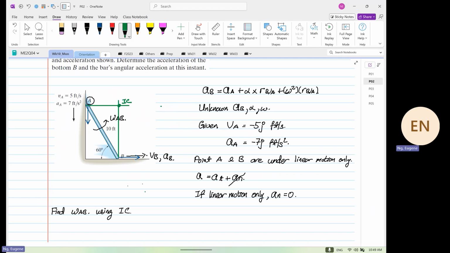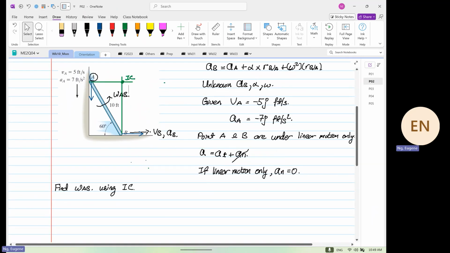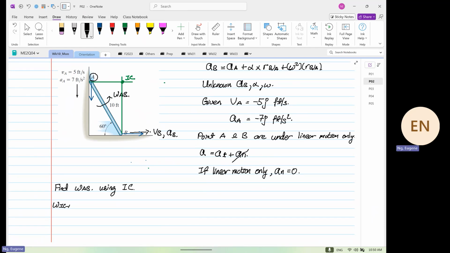All right. So this is our instantaneous center. When applying instantaneous center, we are aware of this fact, right? Omega ICA is equal to omega ICB, and this is also equal to omega AB. Okay.